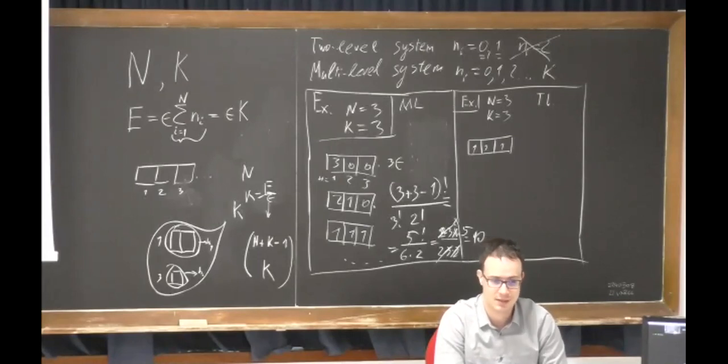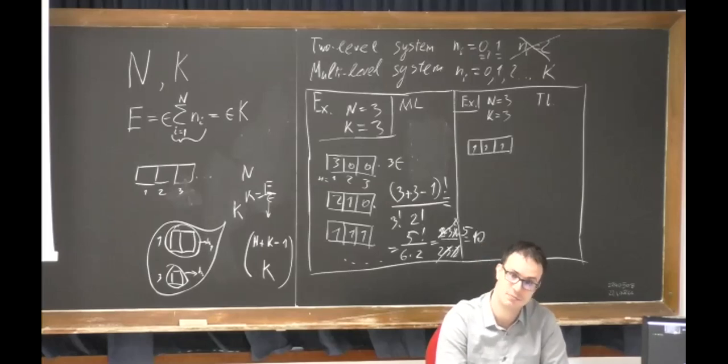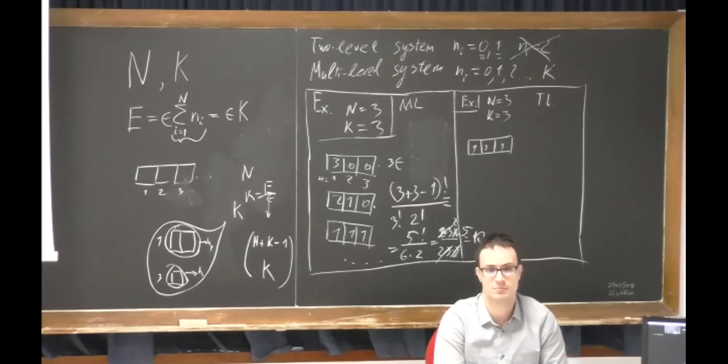If you replace number of particles and energy by chemical potential and temperature, you get grand canonical. If you replace, for instance, volume by pressure, you get isobaric, or if you replace volume by pressure and energy by temperature, you get isothermal-isobaric. Those are things where you start to replace some extensive quantities by intensive ones. But the basis of it all is the microcanonical ensemble.